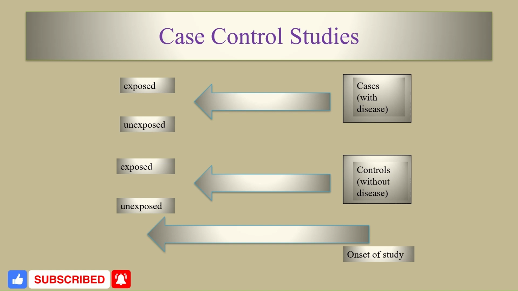The flow diagram of case control study. Case control study starts with cases with disease, and we find the exposed and unexposed. We also start with the controls without disease, and we find the same thing, exposed and unexposed.